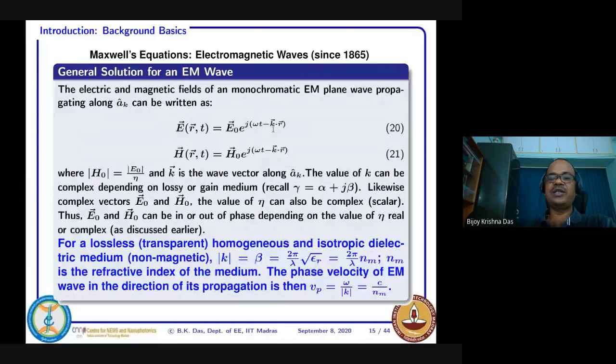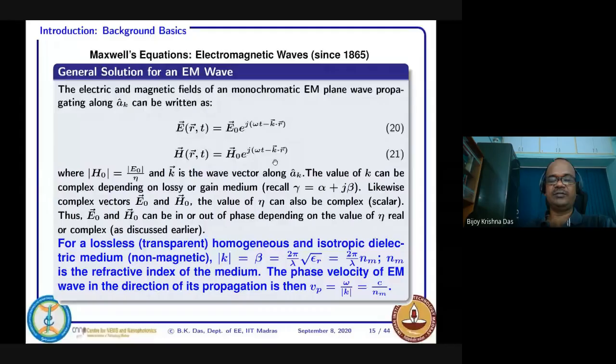That means k can be decomposed into kx, ky, and kz components. Similarly, r is your x, y, z coordinates, and then you can write kx x, ky y, kz z, and so on. That is how you can write it.